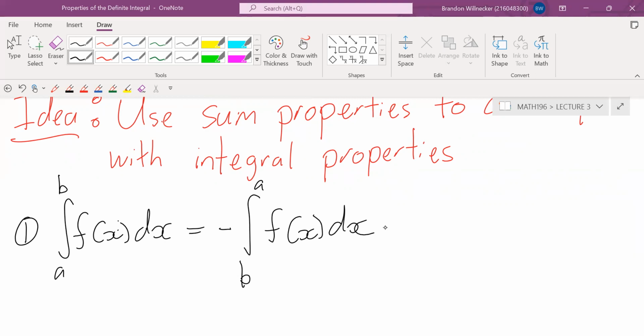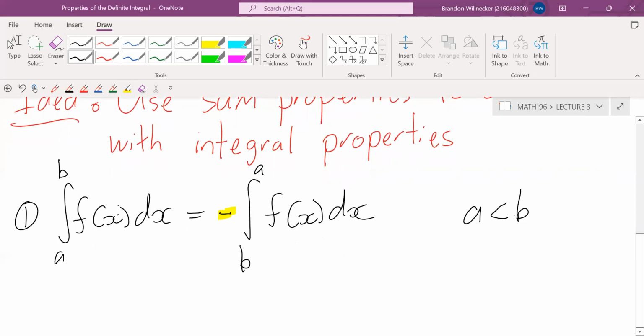On the left-hand side, the interval goes from a to b, so b minus a is a positive number. It's the width of the interval. If we swap the endpoints and go from b to a, then a minus b is going to be a negative number. So we got this minus sign. That's just because the width becomes negative if we swap the endpoints, because remember, a is less than b.